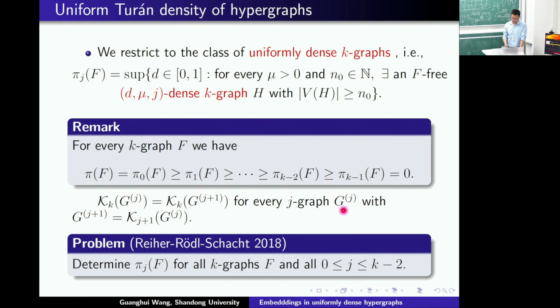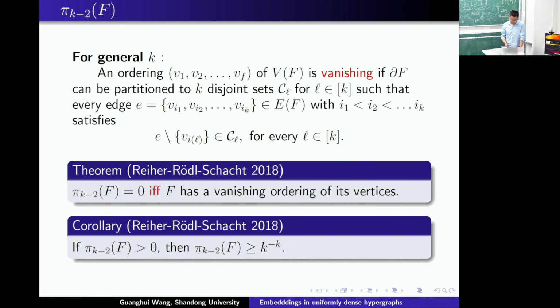When g is equal to k minus 1, then the density is 0 for any F. And they give a characterization of when pi_{k-2}(F) is 0.